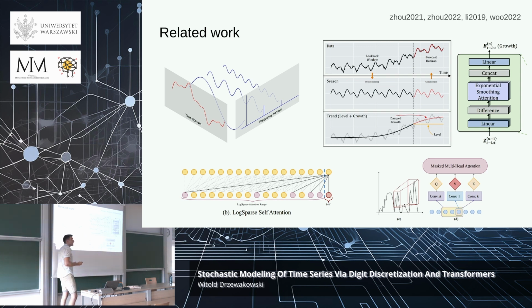They did it by, for example, mapping the input into the frequency domain, a very popular technique, or using the well-known decomposition of time series into seasonality, trend, and noise. What also turned out to be a good idea was combining convolutions with attention, to extract fine-grained patterns in data.